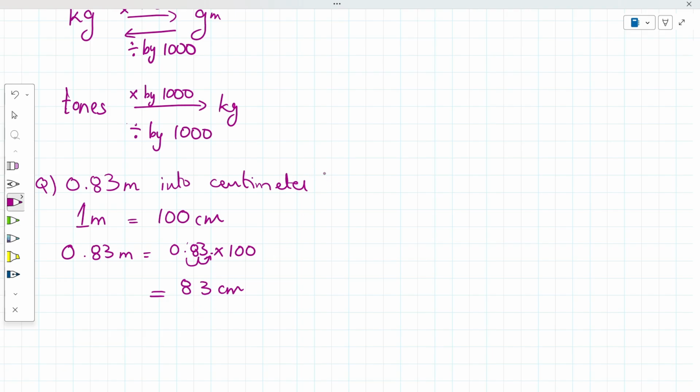Now we have another problem: 6086 centimeter, and we have to convert it into kilometers, km.